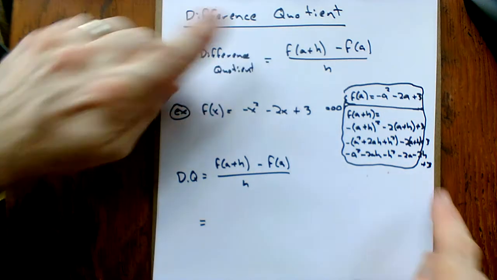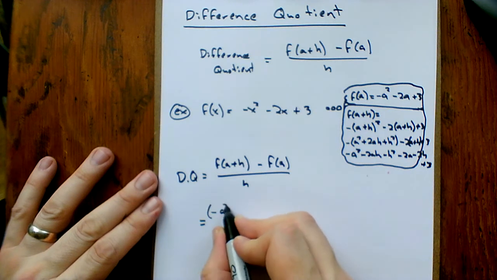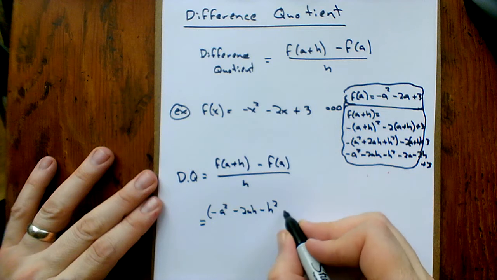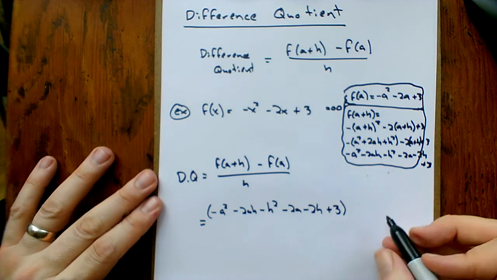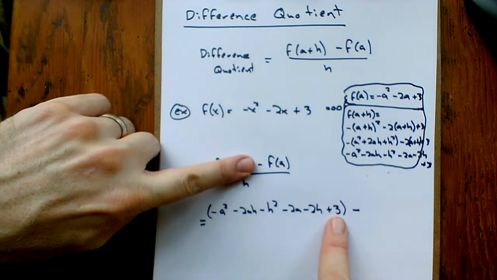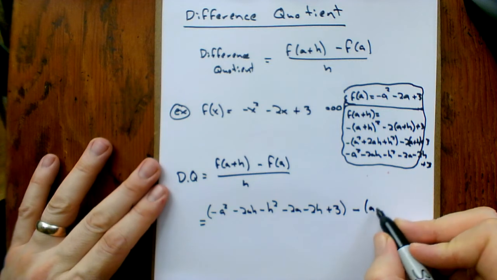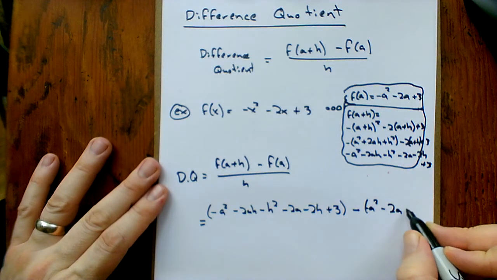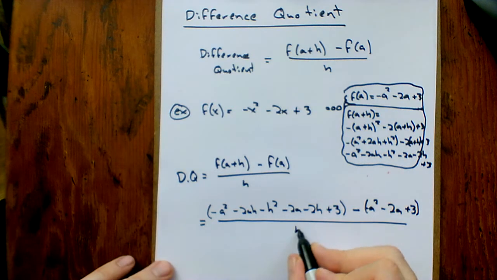It's this big expression right here: negative a squared minus 2ah minus h squared minus 2a minus 2h plus 3, minus, and here's my f of a, negative a squared minus 2a plus 3. This whole thing over h.